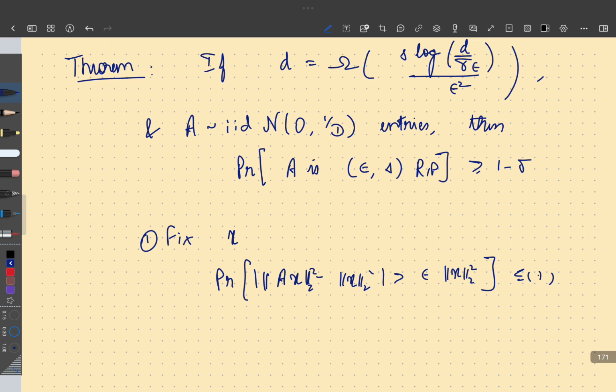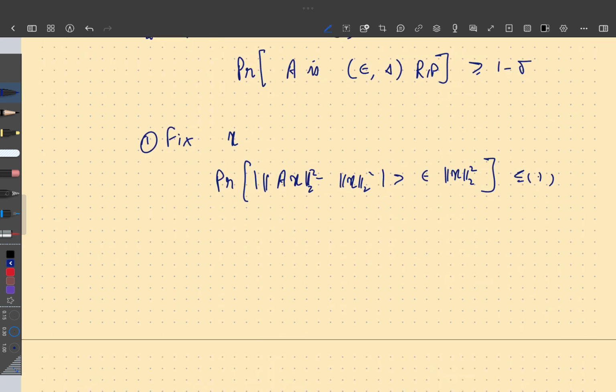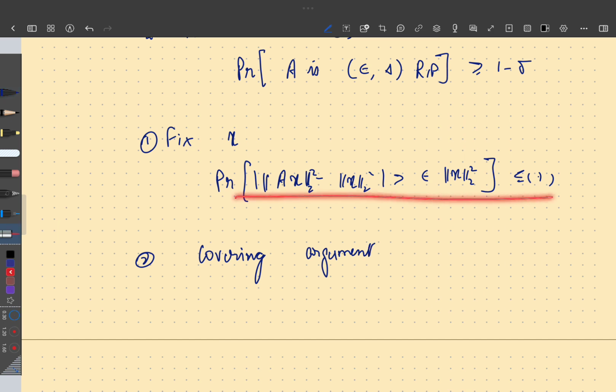And the next step is again you can't directly take a union bound because the set for which we want this to be true is an infinite set. So the next step is to use a covering argument. In fact, instead of proving this statement, you prove a statement of the form this being greater than epsilon by 4 norm x square.